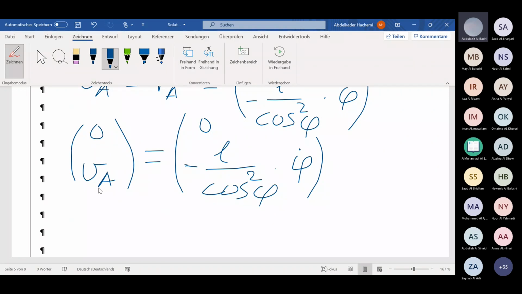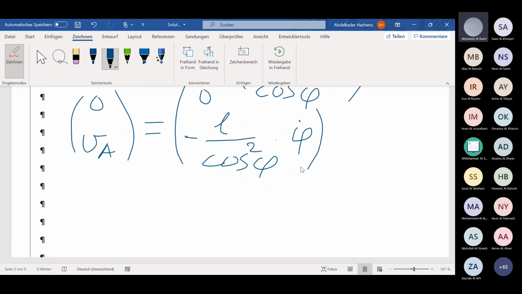The value VE is given. The angle phi is given, 30 degrees. L is given. Phi dot, we don't know the value. Then we can determine now phi dot.